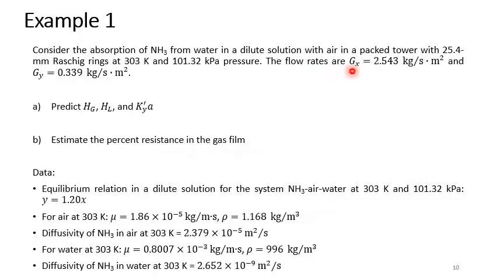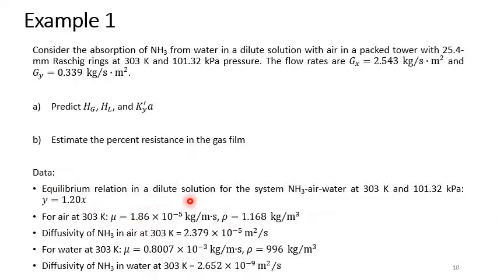Gx, the liquid flow rate, is 2.543 kilogram per second per meter squared, and the gas flow rate, Gy, equals 0.339 kilogram per second per meter squared. You are asked to A, predict Hg, HL and Kya, and B, estimate the percent resistance in the gas film.